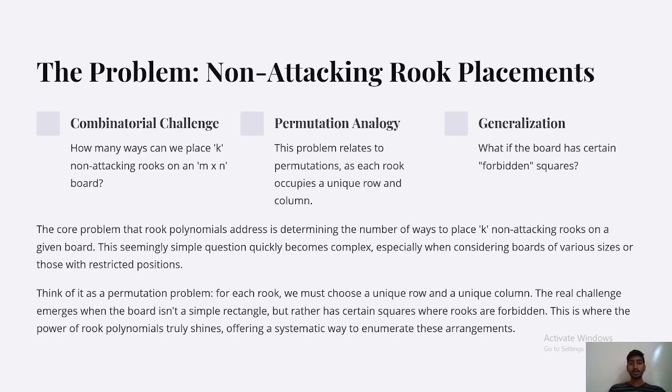The problem: non-attacking rooks placement. Combinatorial challenges. Permutation algorithms and generalization. How many ways can we place k non-attacking rooks on an m by n board? This relates to permutations, as each rook occupies a unique row and column.